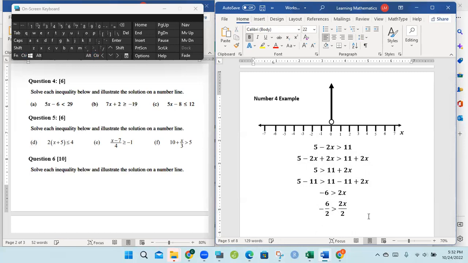And as you can see, our inequality sign keeps on pointing towards the right. Negative 3. Now what this is, is all the numbers that are less than negative 3. Always start reading from the x. X is less than negative 3.